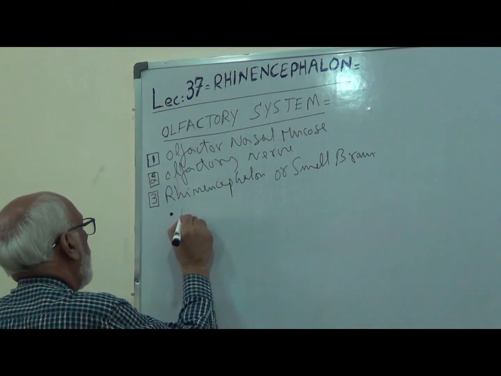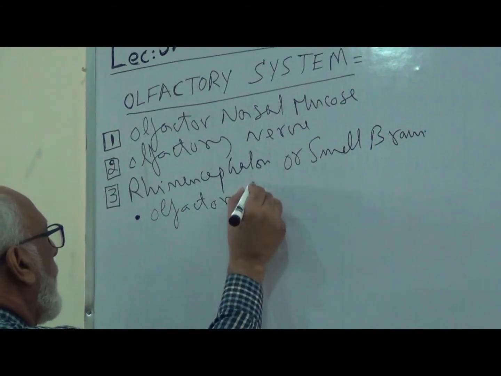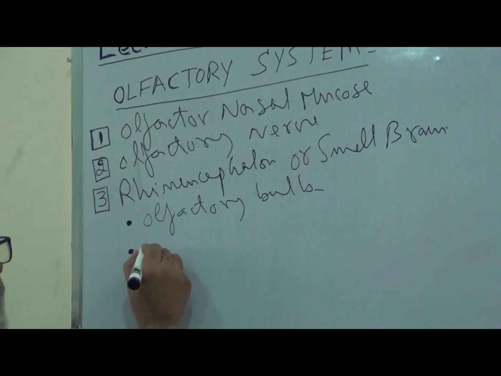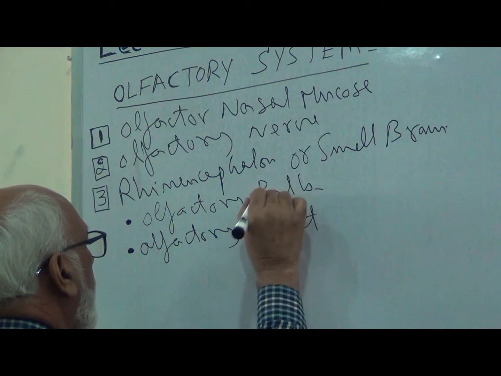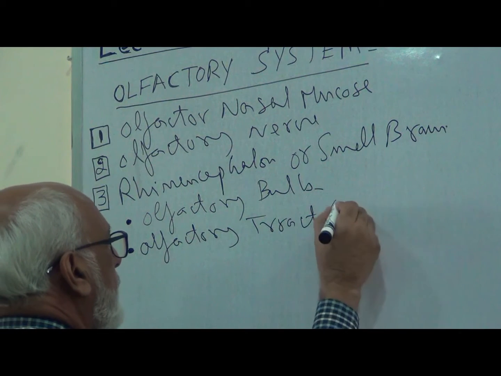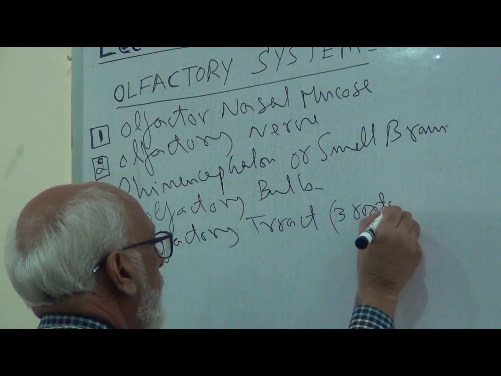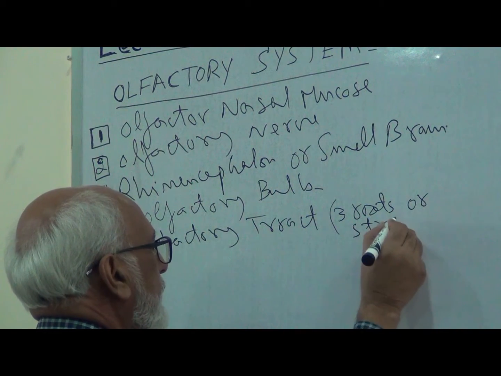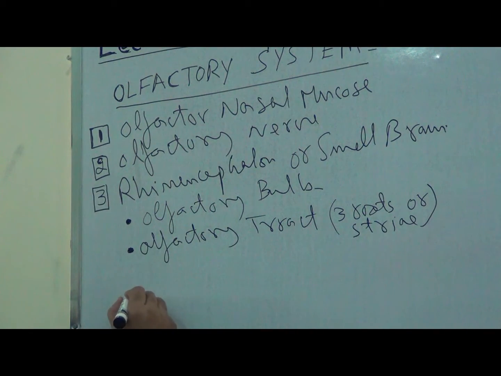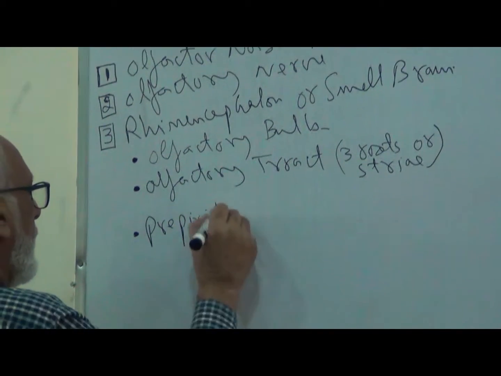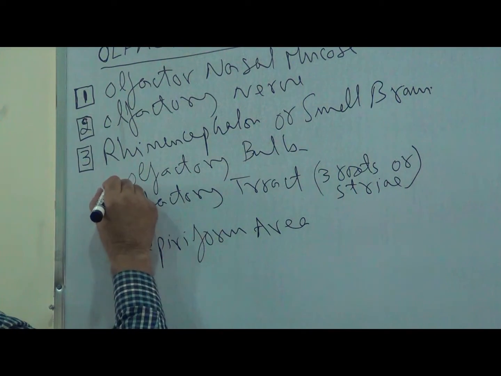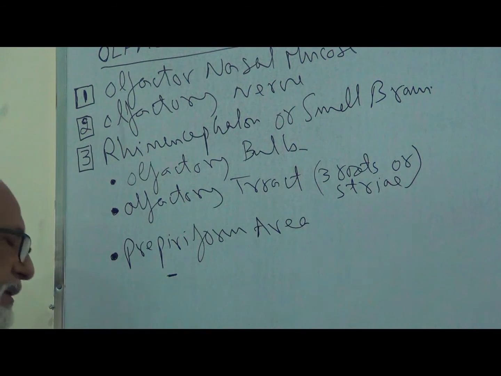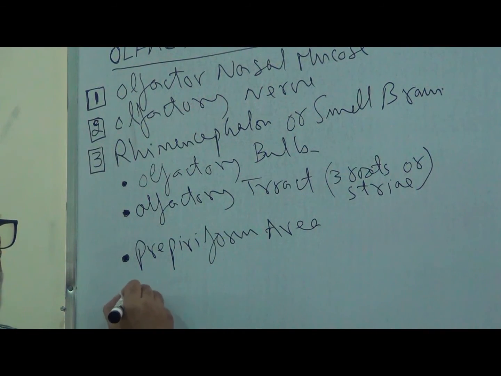These are the olfactory bulb, the olfactory tract, the olfactory tract divided into three roots, also known as striae, then the pre-piriform area, and next to the pre-piriform area is the piriform area.